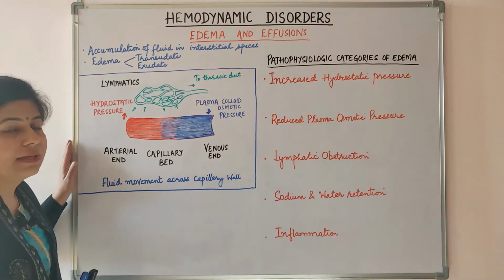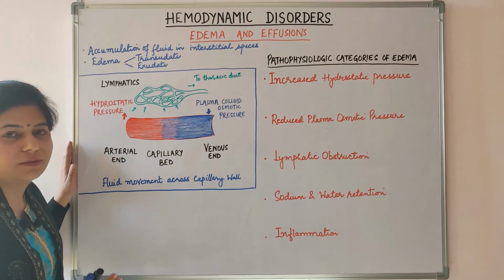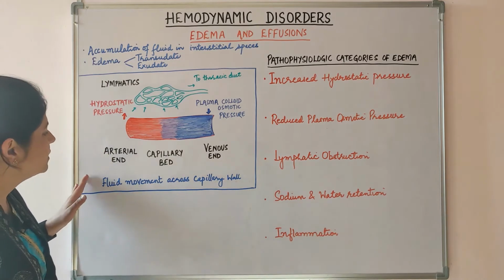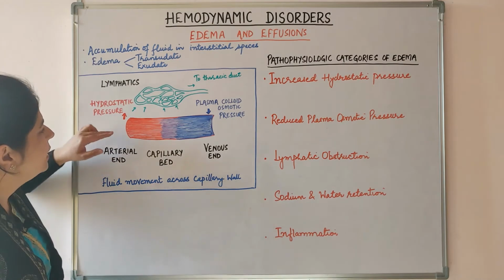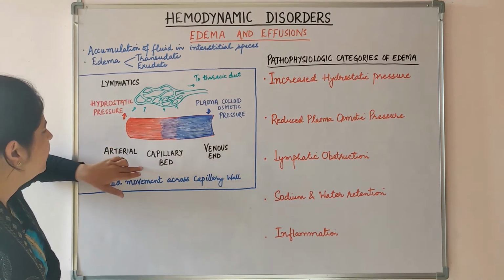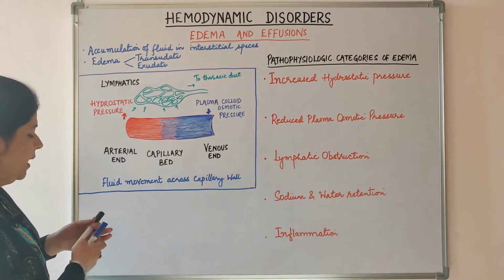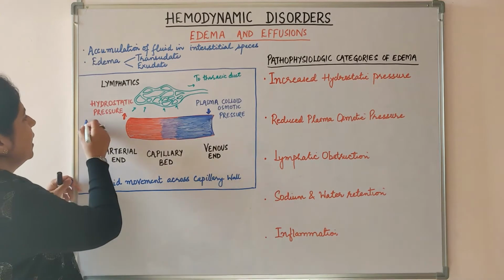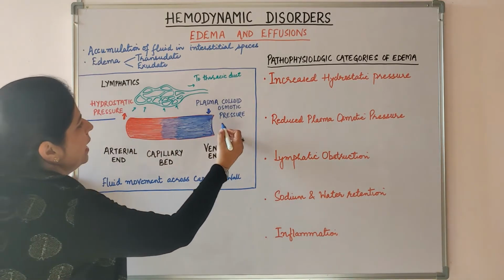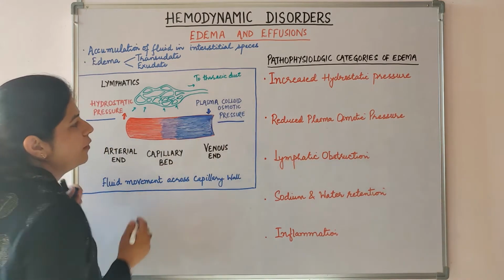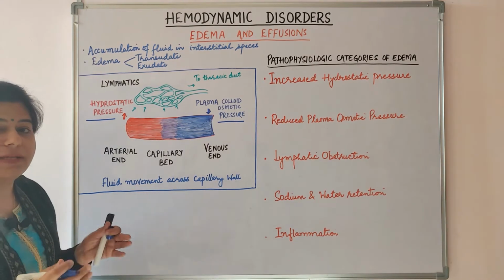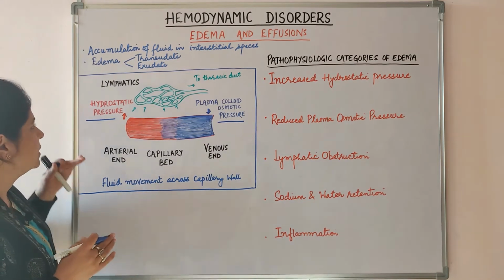So let us see what are the various factors or forces that influence fluid movement across the capillary wall. This is the capillary bed, this is the arterial end, this is the venous end. And these two factors, the hydrostatic pressure and plasma colloid osmotic pressure, are two opposing forces.